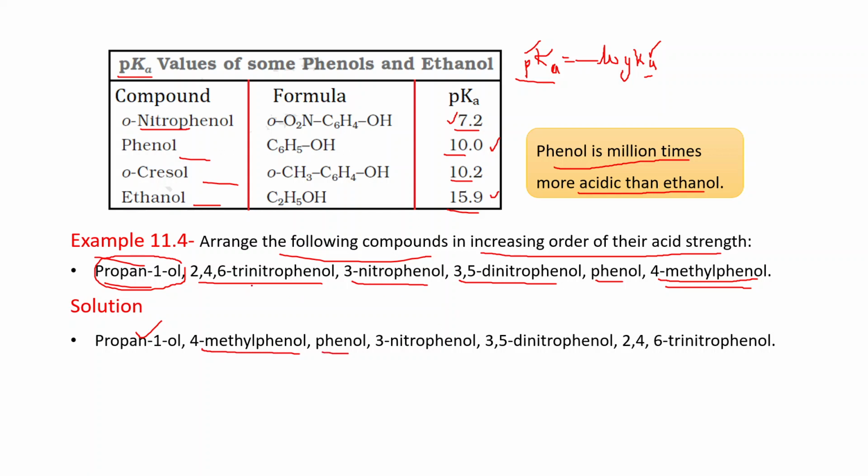Now in all these three, a nitro group is present, but in 3-nitrophenol, 1 nitro group is there. In 3,5-dinitrophenol, 2 nitro groups are there, and in 2,4,6-trinitrophenol, 3 nitro groups are present. The more minus I effect groups are present, the more acidic strength there is. That's why 2,4,6-trinitrophenol is most acidic.